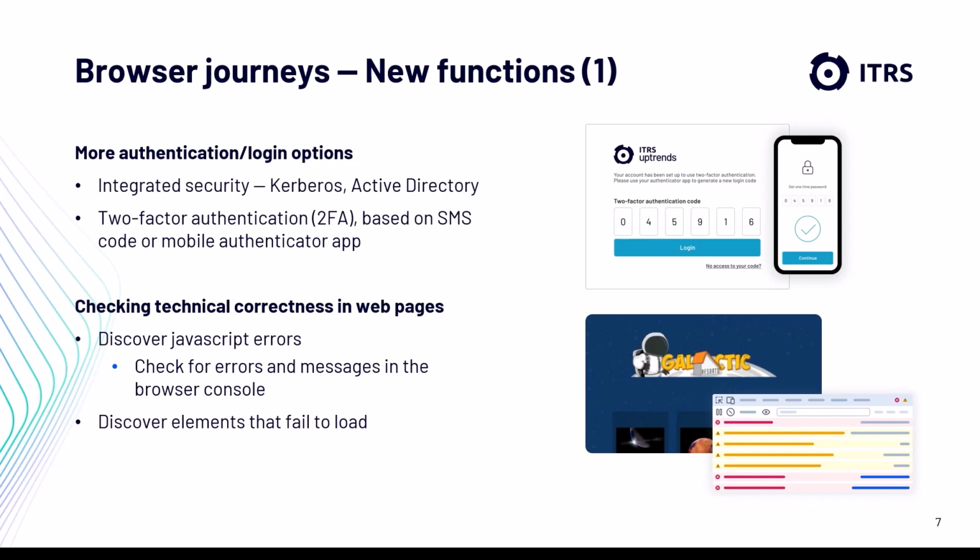Next improvement is about capturing errors and information about what is happening inside web pages. We can capture warnings, errors, and messages from the browser console, allowing you to check for JavaScript errors and other events, such as page elements that are failing to load.